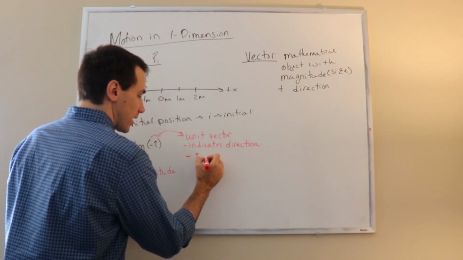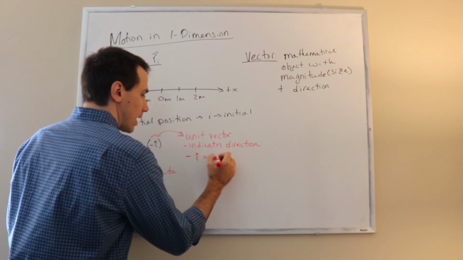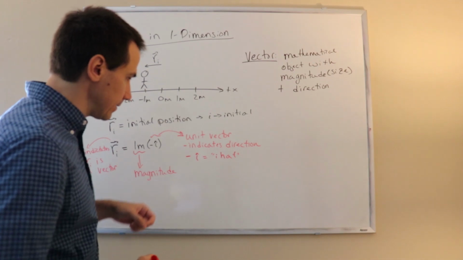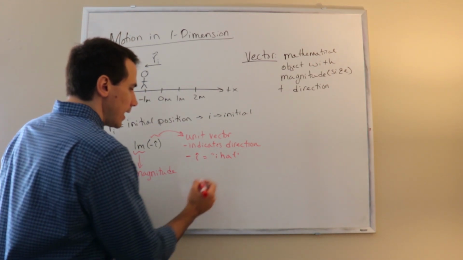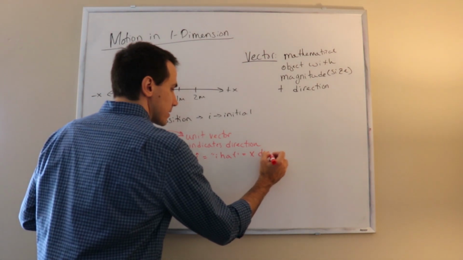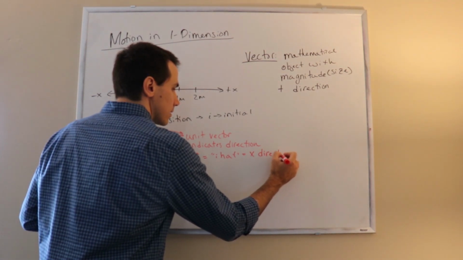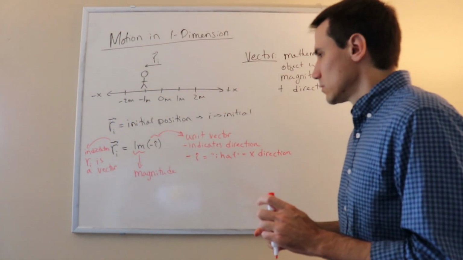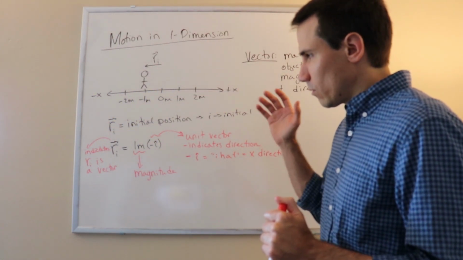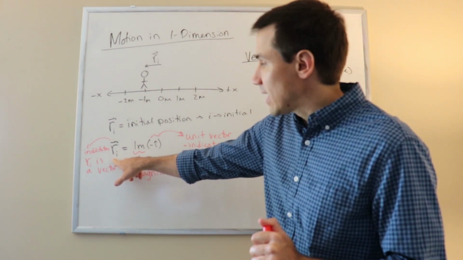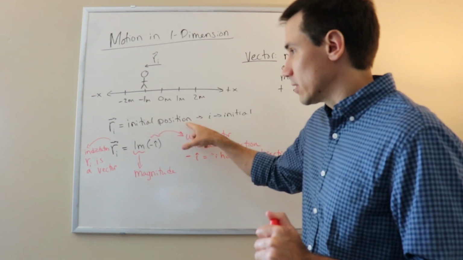This thing is pronounced i hat, because it's wearing a little hat. And it means that it is moving in the x direction. So what this says is the r initial vector, that is my initial position.